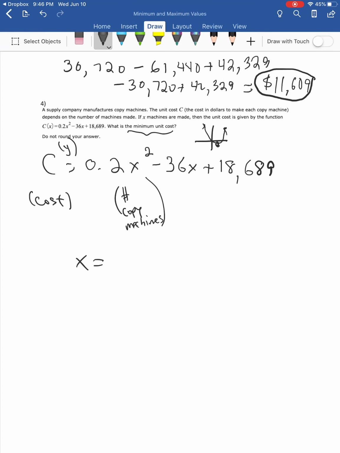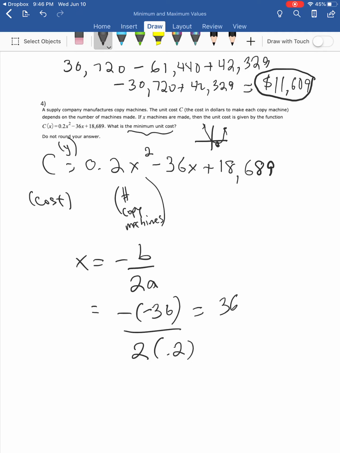Let's find that vertex. X equals negative b over 2a, so that's going to be negative 36 over 2 times 0.2. That's 36 over 0.4, and 36 over 0.4 is 90. Okay.